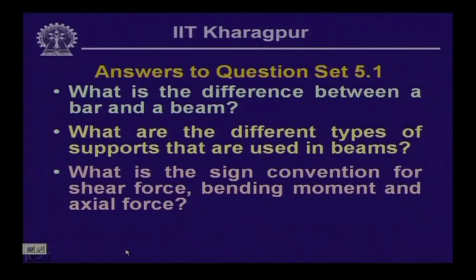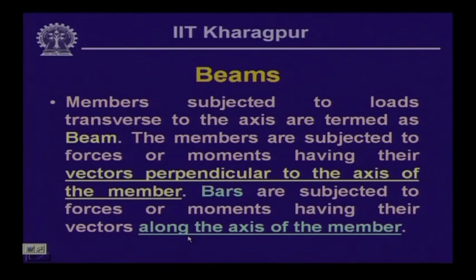Now, let us look into the answers of the questions which were posed last time. What is the difference between a bar and a beam? In the last lesson we discussed the concept of beam, and as we said, when a member is subjected to loads in its transverse direction, which is perpendicular to the axis of the member, we designate those members as beams.